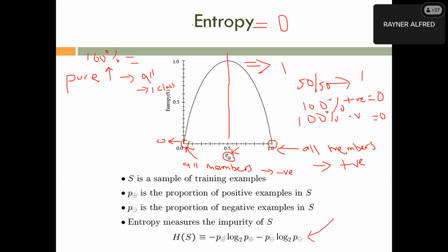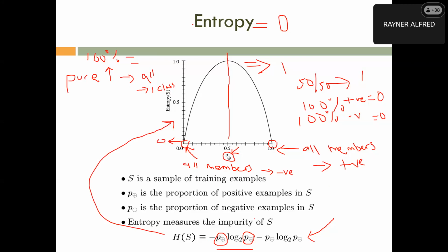So we look at the probability of having positive sample times log base 2 of probability of having positive class. So we will have positive and negative here. So this is the formula that we use to describe this graph here.